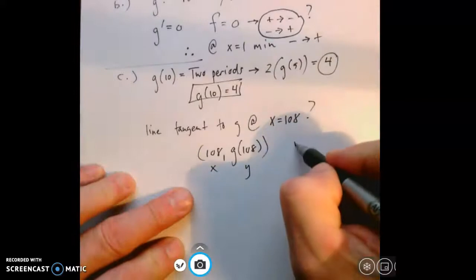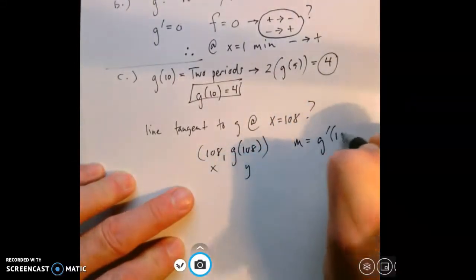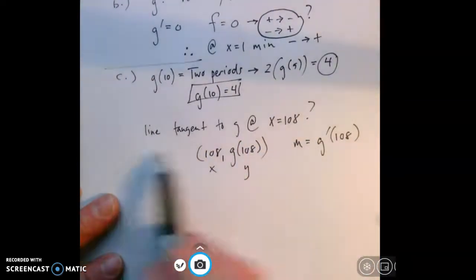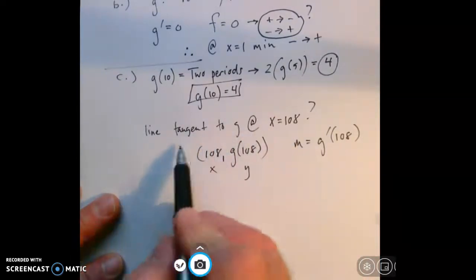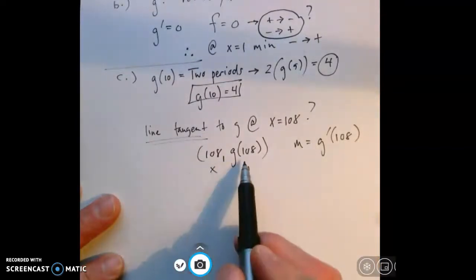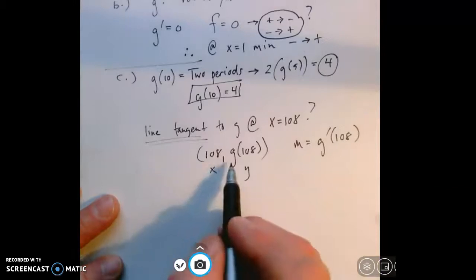And I need to know the derivative, the slope, which is g prime at 108. If I'm looking for the line tangent to the graph at 108, I need 108, comma, g of 108, and then g prime of 108. So let's figure this part out first.